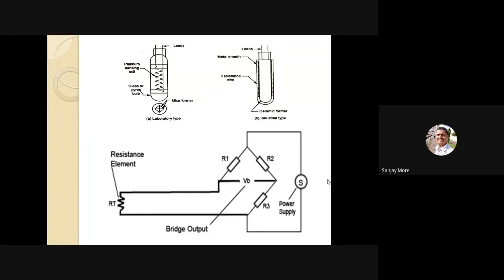Here the resistance element is there. This is a laboratory type resistance element and this is an industrial type resistance element.